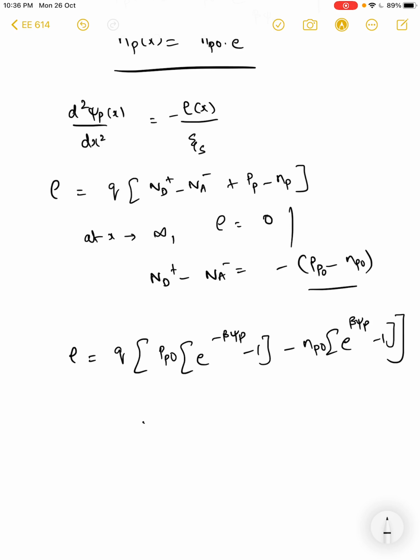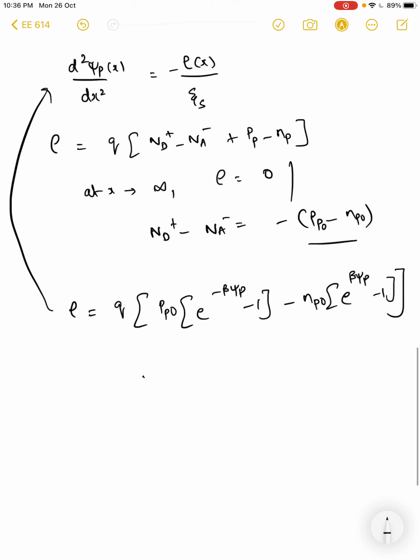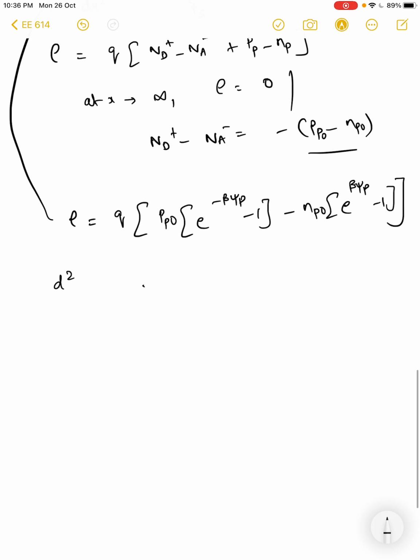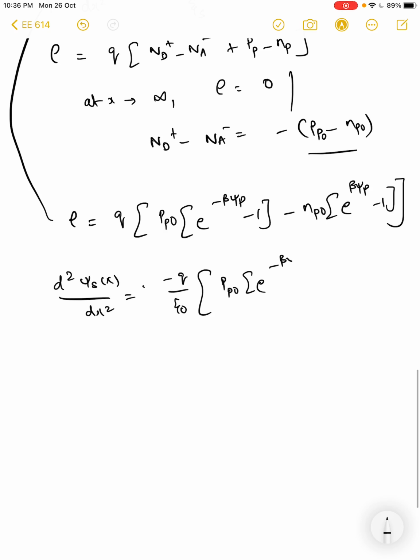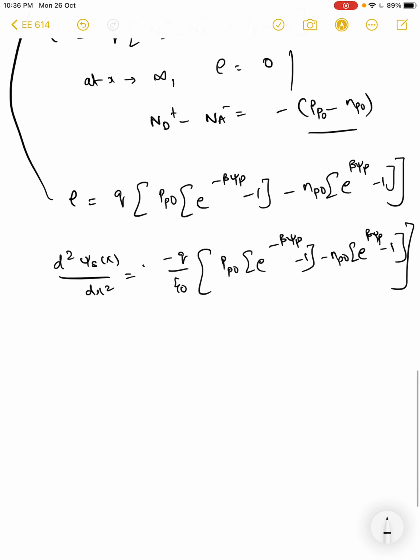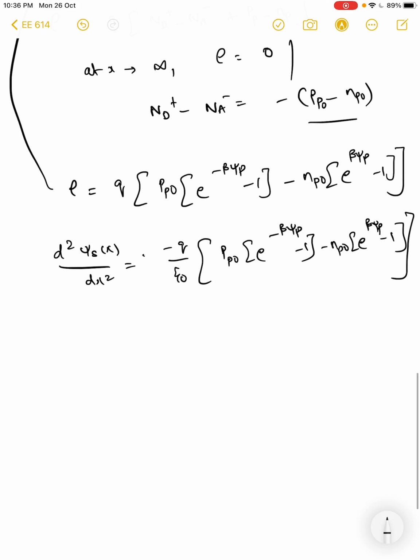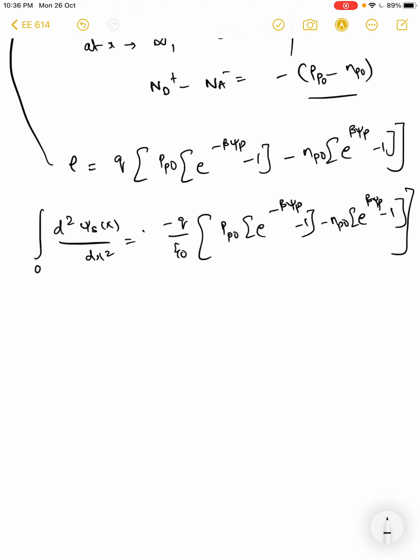So now let's substitute this back into this equation, and we will get d squared ψ_s of x over dx squared equal to minus q by epsilon times p_p0 e^(-βψ_p) minus 1 minus n_p0 e^(βψ_p) minus 1, right? Now how do I find the potentials? I integrate it, of course, and I have to integrate it from 0 to infinity on both sides. Now, to infinity, this integral will be a problem, right?